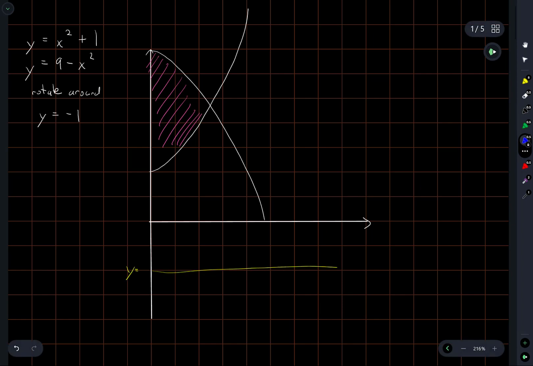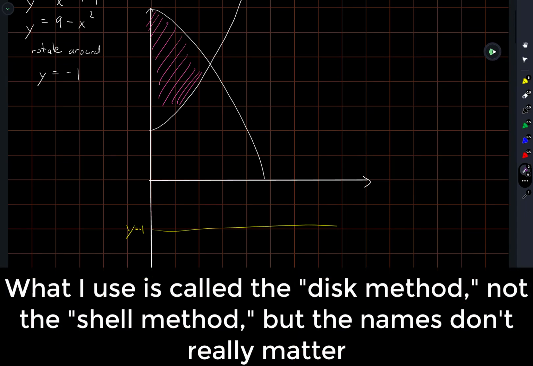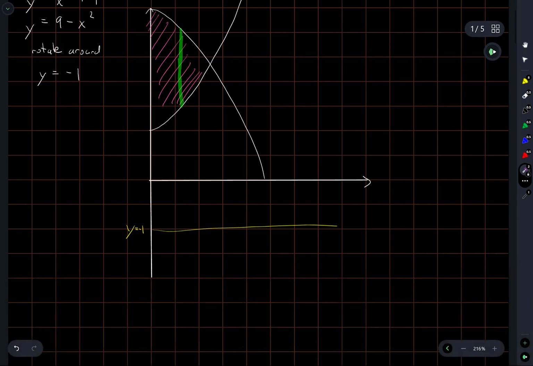So this is the curve y equals -1. This region here, this area, is being rotated around y equals -1. And so the way I'm going to do this is using the shell method. If I imagine a thin slice of this region being rotated around the axis y equals -1, it's going to give me a ring with some area, which we should be able to compute.